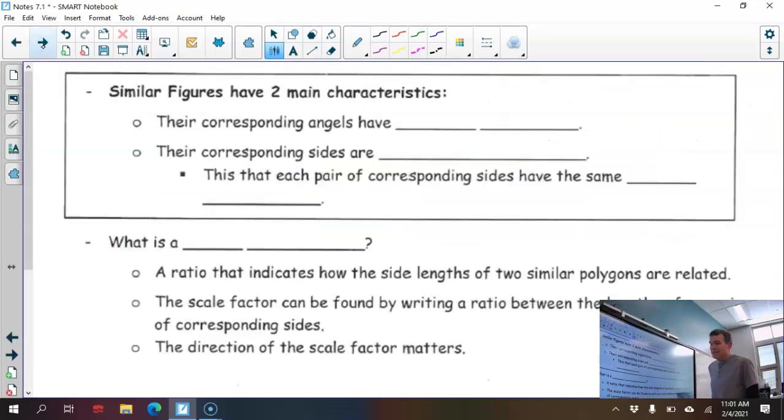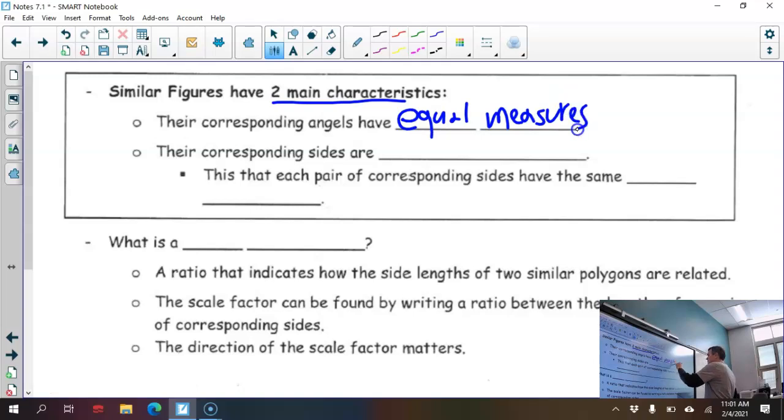All right. This is the more common thing you should know about similar figures, much more common. They have 2 main characteristics. Their corresponding angles have equal measures. Angles are equal. Their corresponding sides are, big word here, proportional.